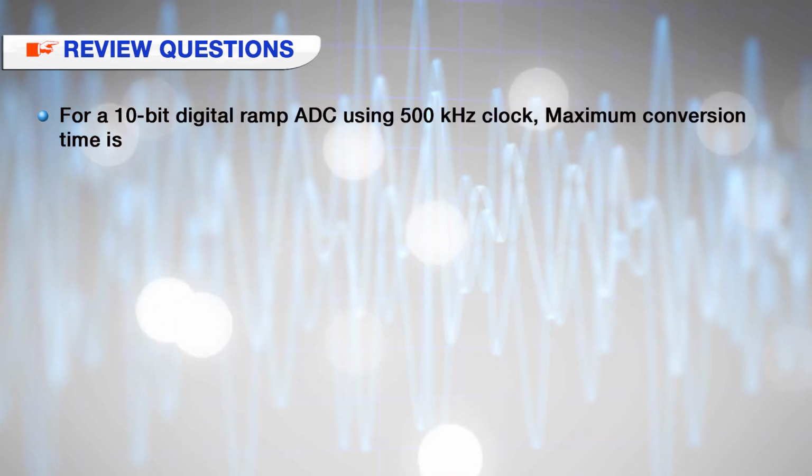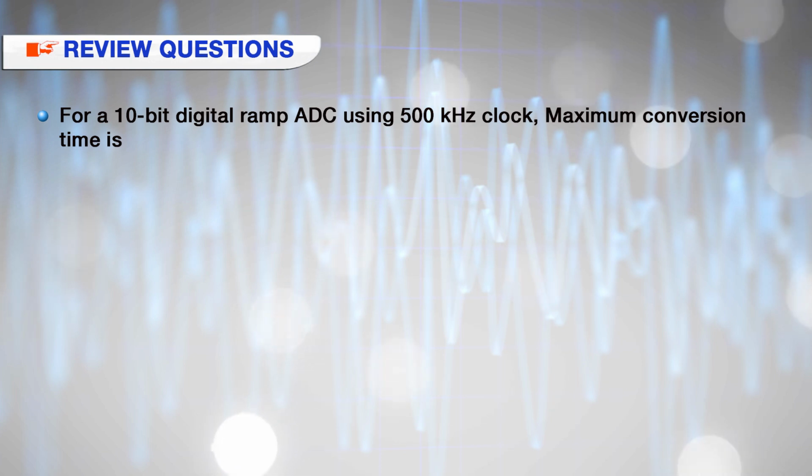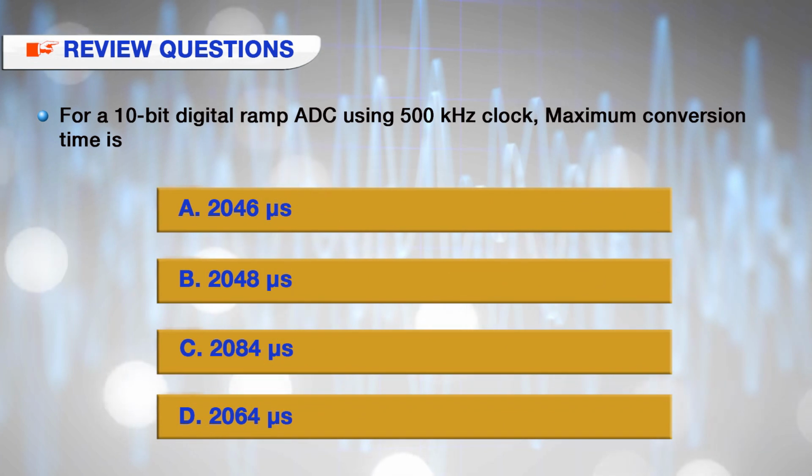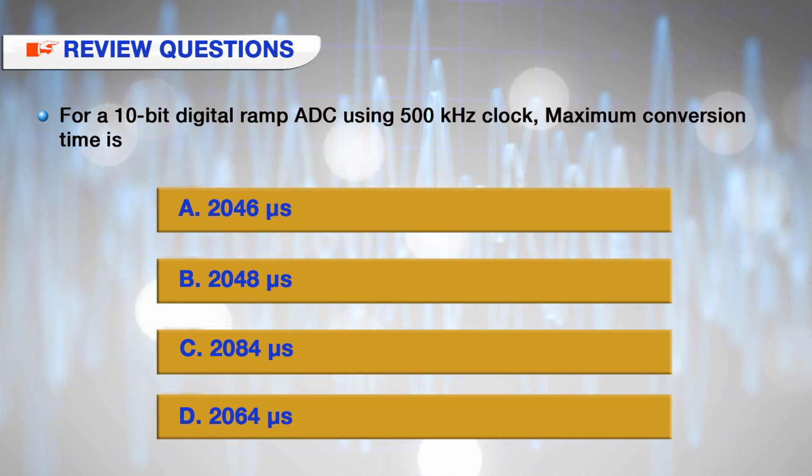Now next question is, for a 10-bit digital ramp ADC using 500 kilohertz clock, worst case conversion time is. So to calculate worst case conversion time, the formula is T clock into 2 to the power n minus 1. T clock here is 1 by 500 kilohertz and n is 10.